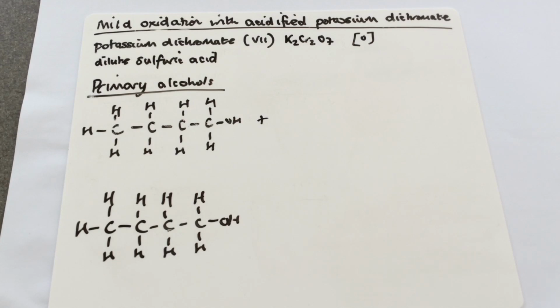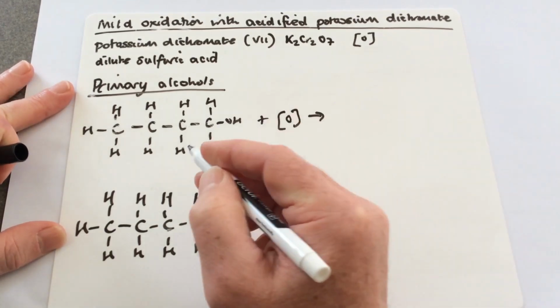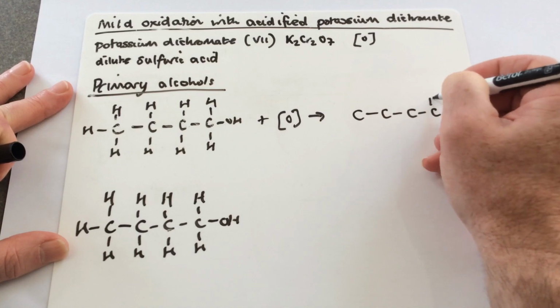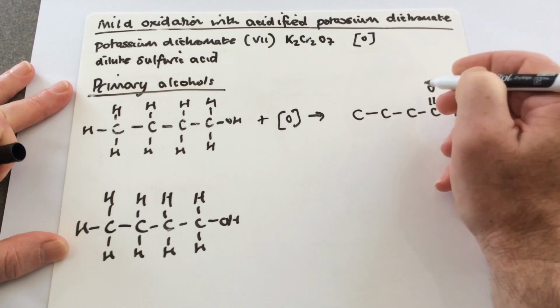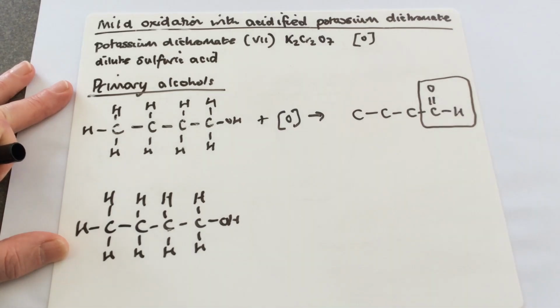Now there are 2 possibilities when we take a primary alcohol and oxidize it using the acidified potassium dichromate. So, first of all, taking butanol, we can see that the functional group changes. This is called an aldehyde, so this is the aldehyde functional group.